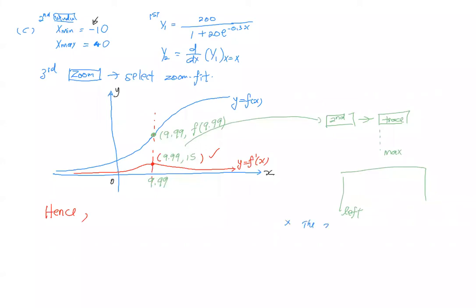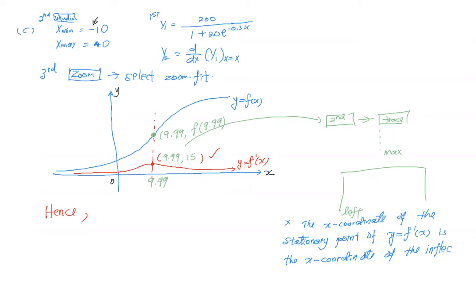The x coordinate of the stationary point of y equal to f prime x is the x coordinate of the inflection point of y equal to f(x).